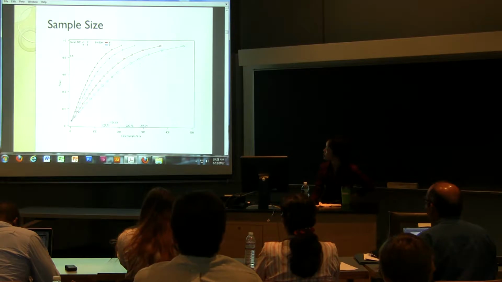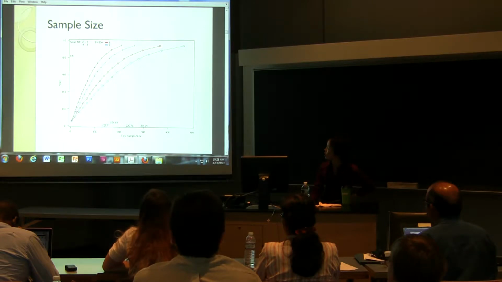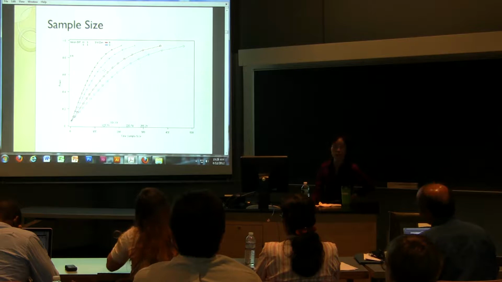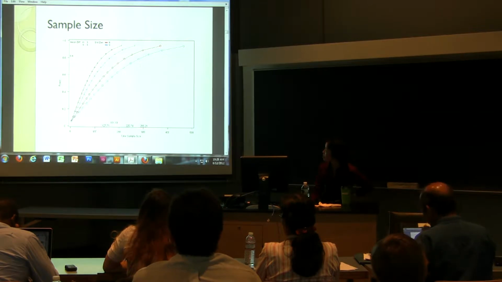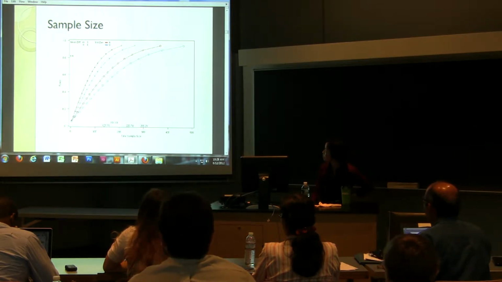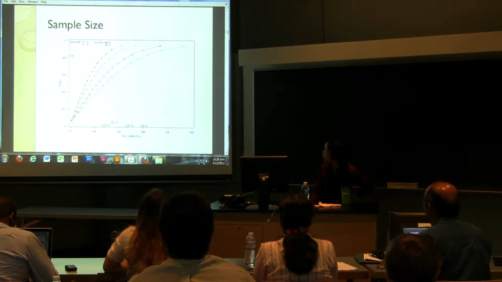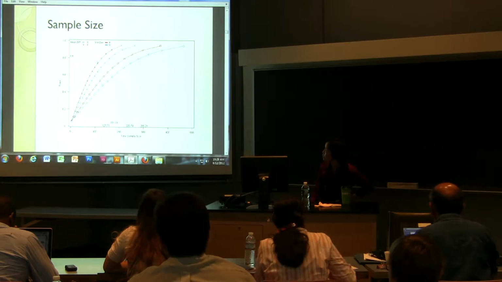So you can see the different colors denote different standard deviations. The circle and the plus sign denote different mean differences. You can see, for the same color but a different symbol, the plus sign is for when the mean difference is 4.